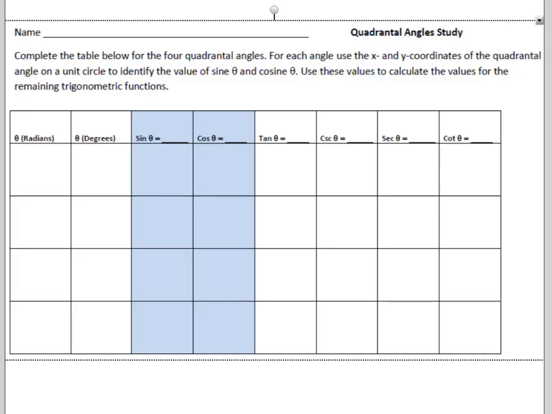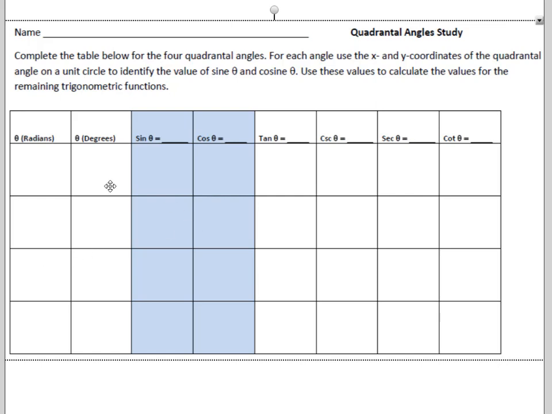Okay, I want to talk a little bit more about quadrantal angles and what we're going to do with this particular worksheet. Now, as we pointed out in class, a quadrantal angle is an angle that has a terminal side on either the x or y axis.